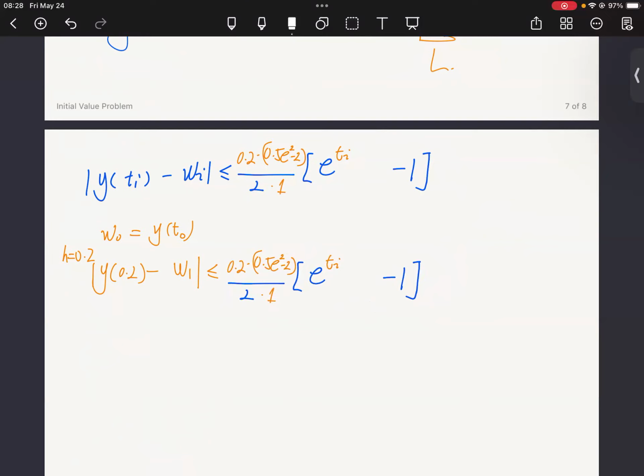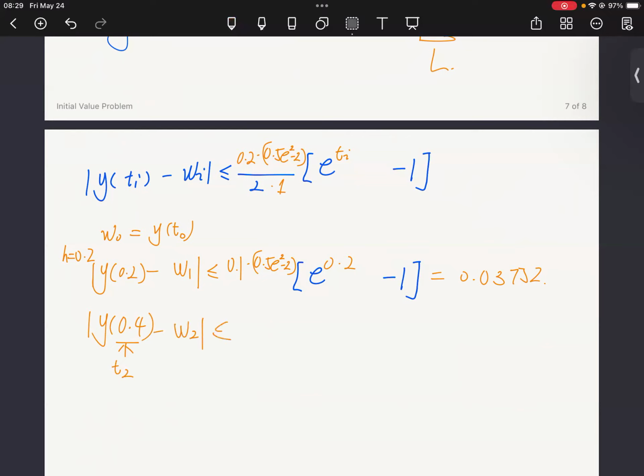Actually, we can simplify this a little bit and divide it by 2, and this is just equal to 0.1, and the time t1 here is 0.2. As you can see, everything becomes numbers, and then we can calculate it with a computer or calculator. And this is the bound for the first approximation's nodal point. If we calculate the error bound for w2, that is at 0.4, the nodal point t2, y2 minus w2.